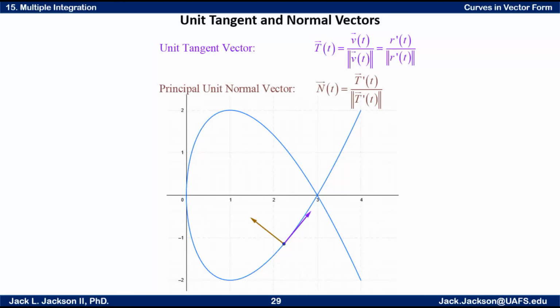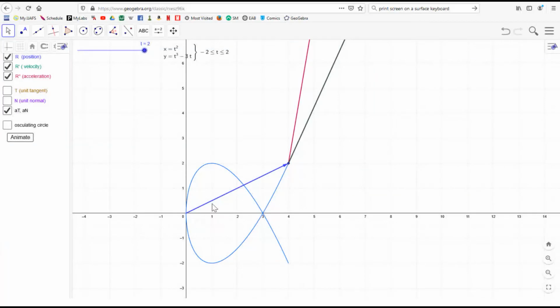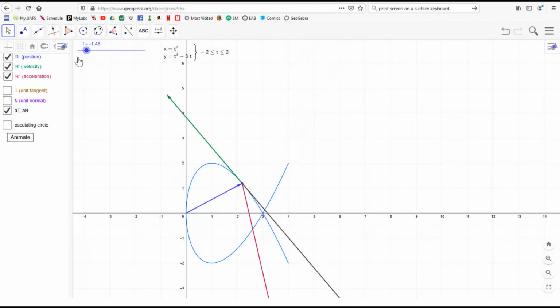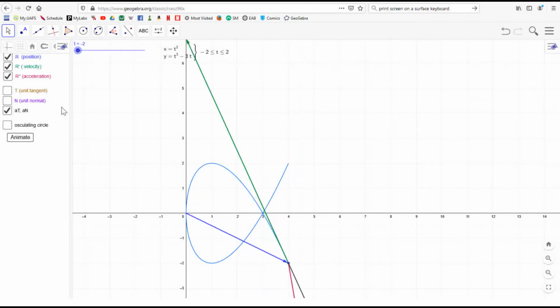So let's look at that dynamically in our GeoGebra thing here. Let me put everything back here, and let's take away the acceleration stuff.